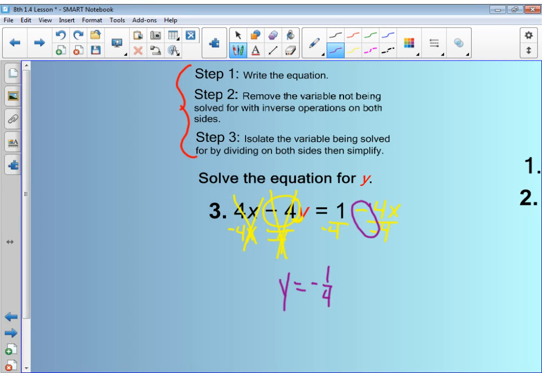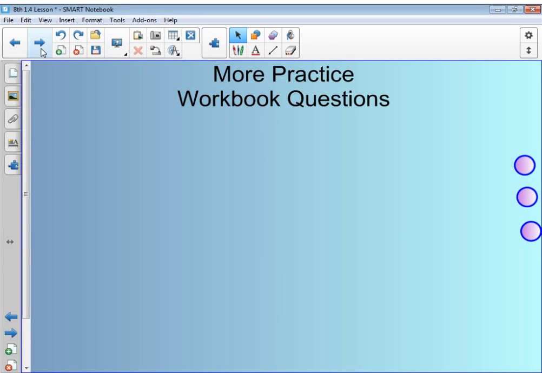So this becomes plus 4 divided by 4 is 1x. Okay, so we're done solving for y. y equals negative 1/4 plus 1x. And like I said, this is going to come into play when we get into working with slope, and eventually we'll be working some equations where we will solve for both x and y, but they will always give us a second equation to be able to do that.